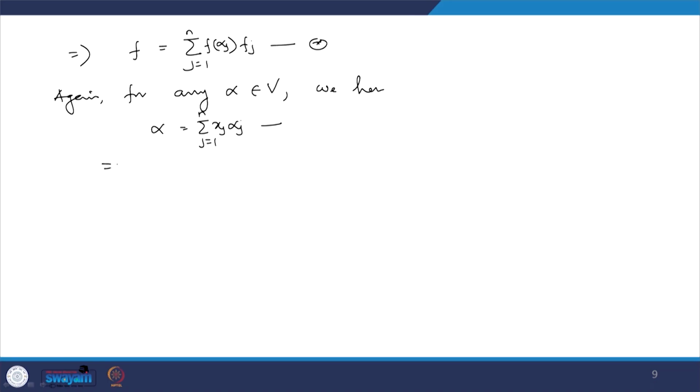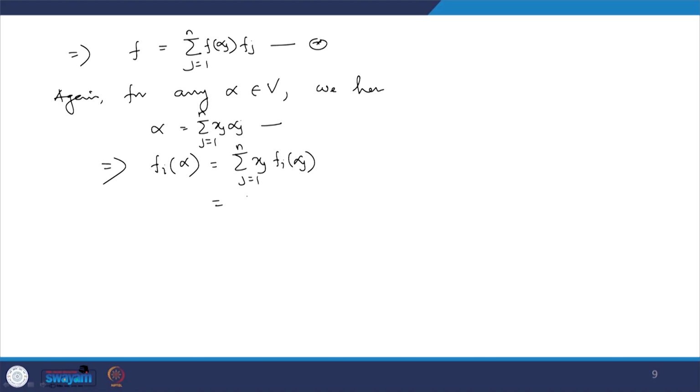So, this implies that fi operating on alpha will be equal to how much? Sigma xj fi operating on alpha j, j equal to 1 to n. We know fi of alpha j equal to delta ij.